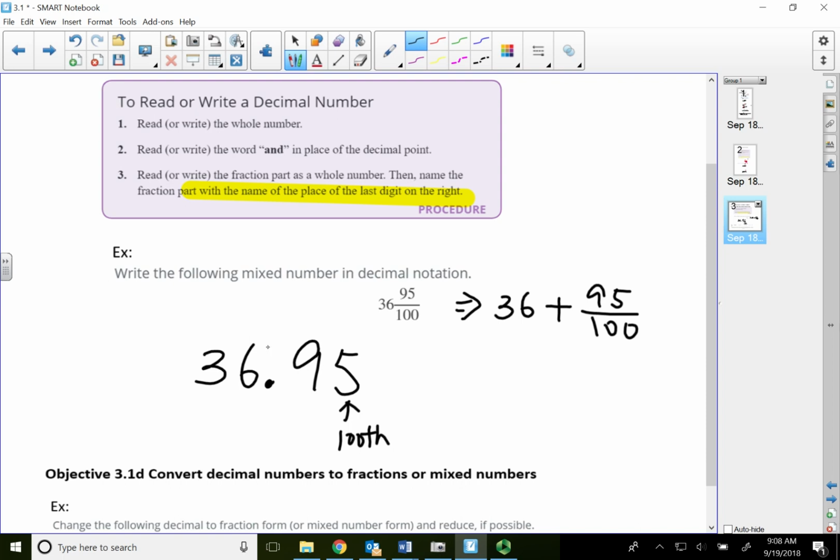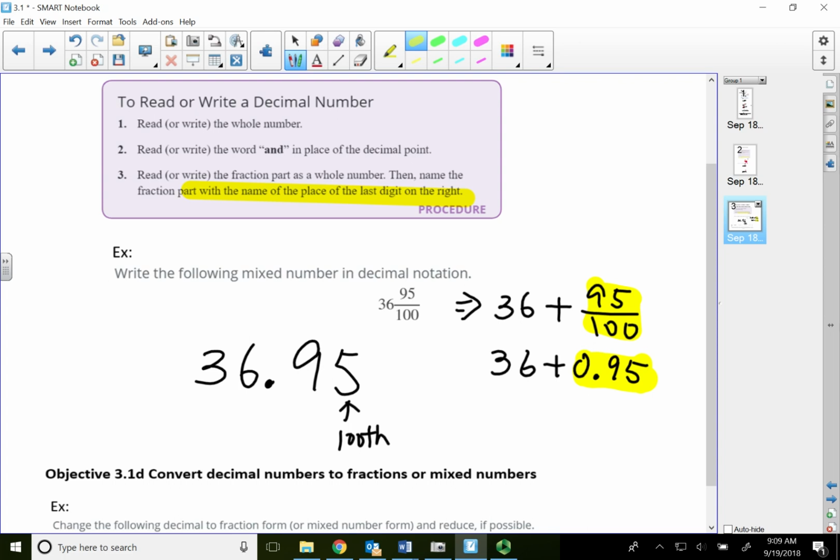It turns out the same decimal number, 36.95, can also be written as 36 plus 0.95. So the whole numbers between the mixed number and the decimal are the same. That means the 0.95, the 95 hundredths, the decimal part of my decimal number, is the fraction portion. So this portion is the same.